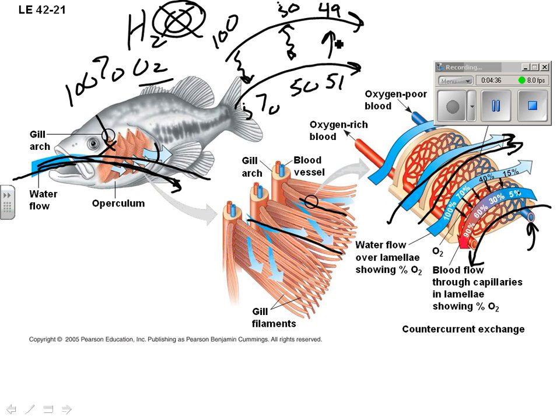Instead, it's something called countercurrent exchange, where the lowest percent of oxygen in blood was where the water is the lowest percent. So instead, as water comes in, let me erase all the ink a second.